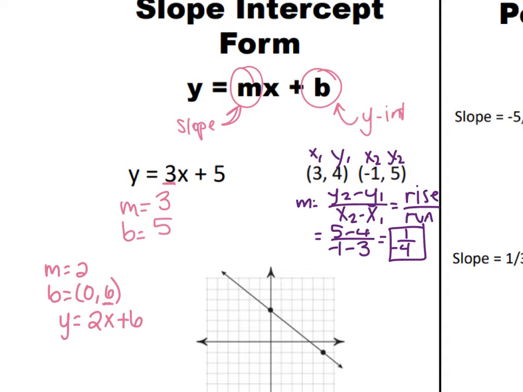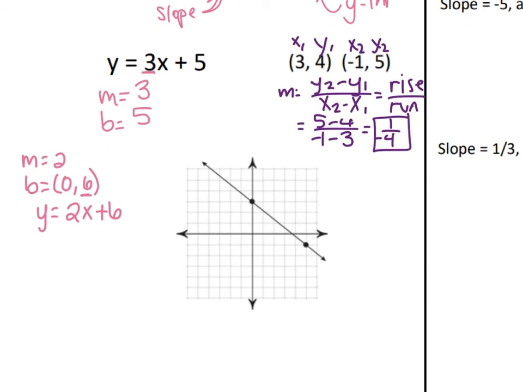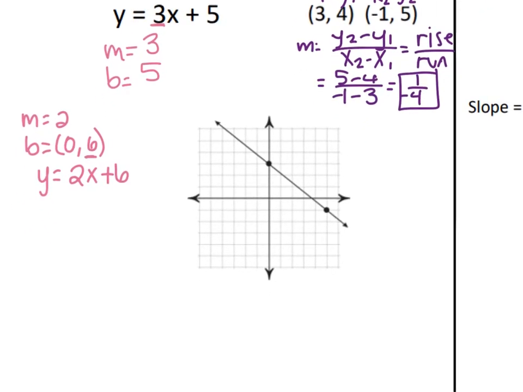The next example that we're going to look at is when we are given a graph, okay, and we need to write the equation. So just a little reminder, slope-intercept form is y equals mx plus b, where m is your slope and b is your y-intercept. So when you're given a graph, you want to look at the graph. Duh. Of course you're looking at the graph.